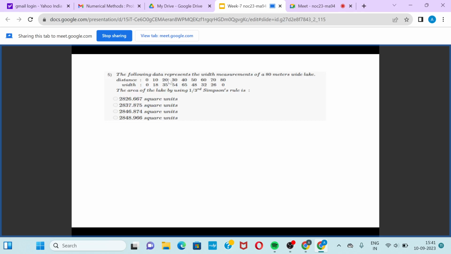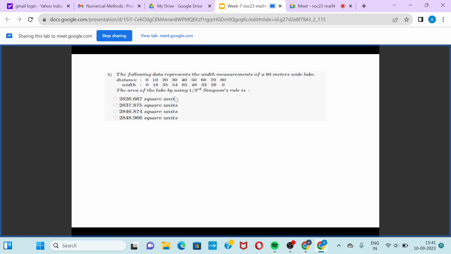the following data represents the width measurements of a 80 meters wide lake. So here it is given that measurement of 80 meters wide lake. Here distance and corresponding width is given. So 0, 10, 20, 30, 40, 50, 60, 70 and 80, and corresponding to that width is given of the lake.